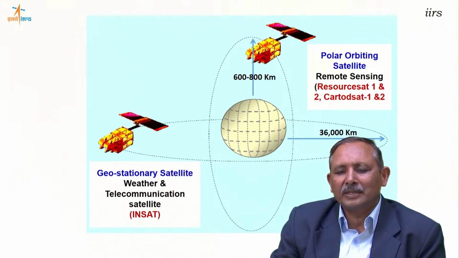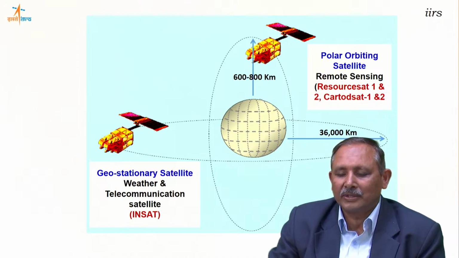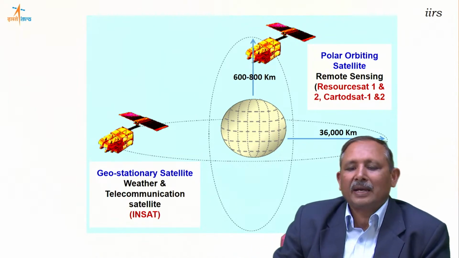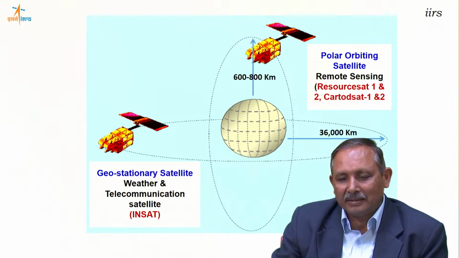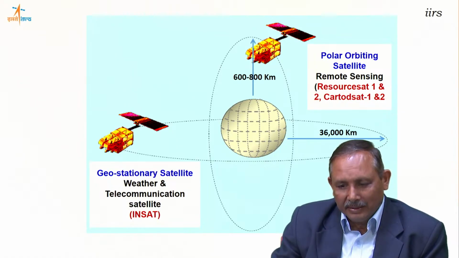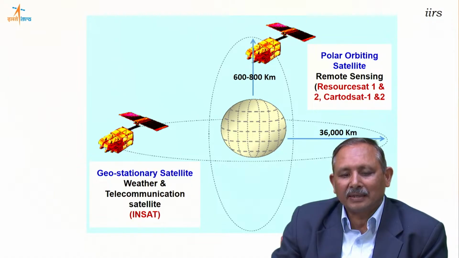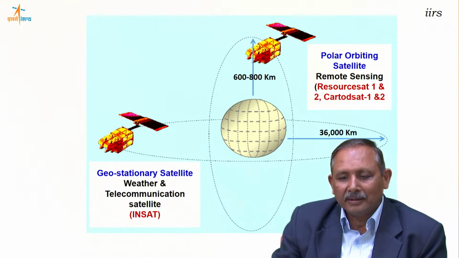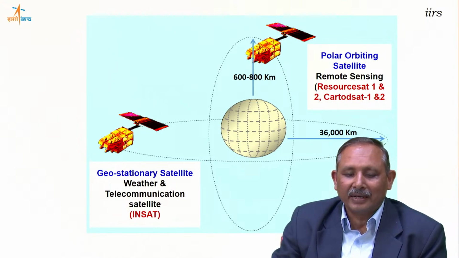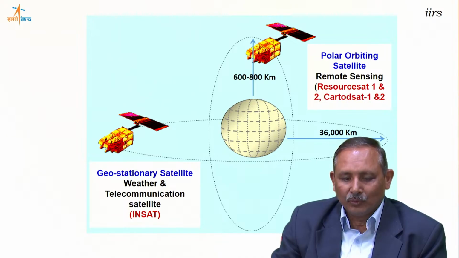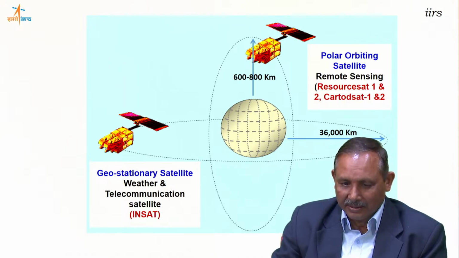When we talk about remote sensing satellite technology, in general we have two types of satellites. One is the geostationary satellite, which orbits at 36,000 kilometer. You are aware that the INSAT satellite, which is the weather and telecommunication satellite, comes under this.